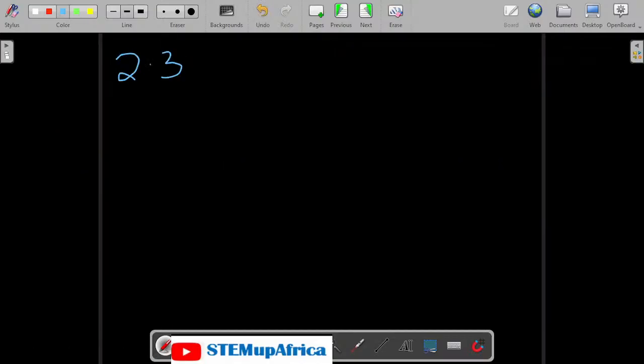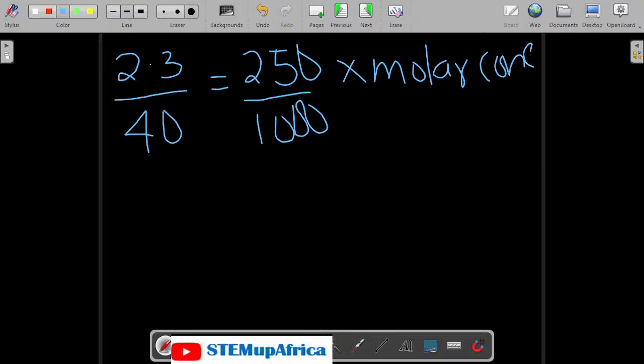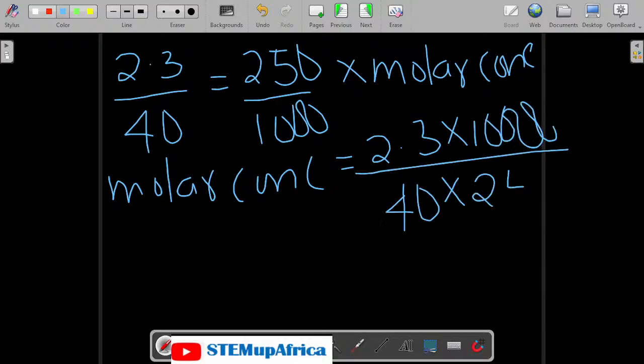2.3 over 40 equals 250 over 1000 times the molar concentration of the base. If I simply cross multiply and make the molar concentration the subject of the formula, I'm going to have molar concentration equals 2.3 times 1000 divided by 40 times 250.